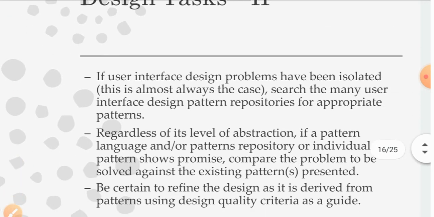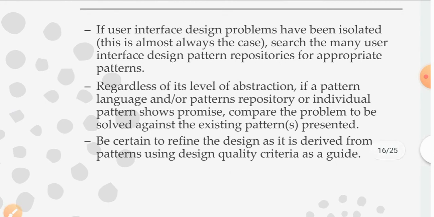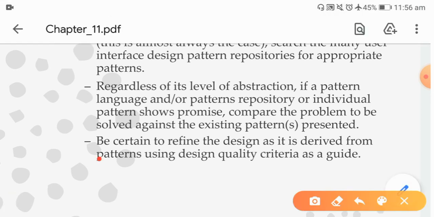Next one is, if user interface design problems have been isolated, this is always the case. Search the many user interface design pattern repositories for an appropriate pattern, regardless of its level of abstraction. If a problem language, a pattern repository or an individual pattern shows promise, compare the problem to be solved against the existing pattern presented.